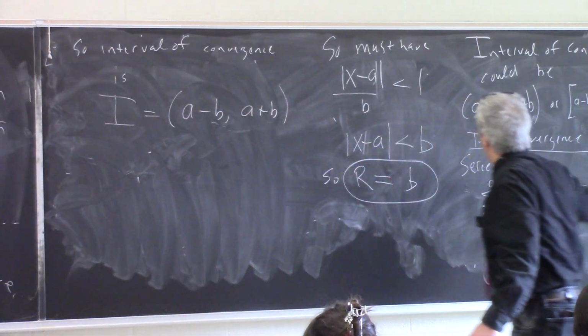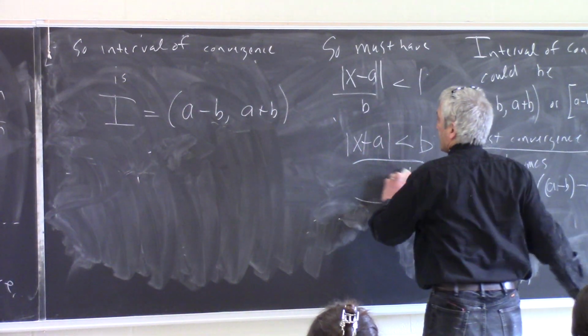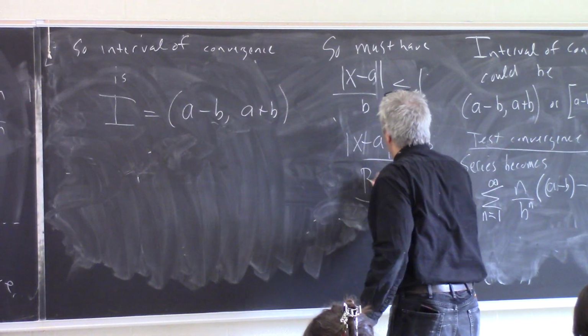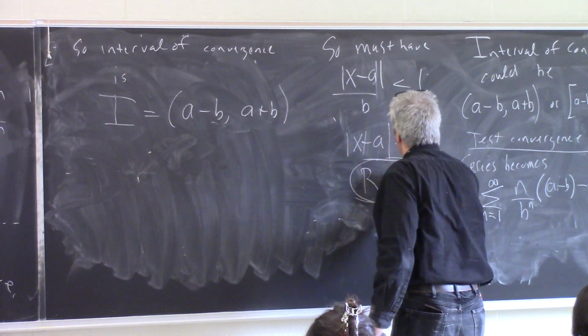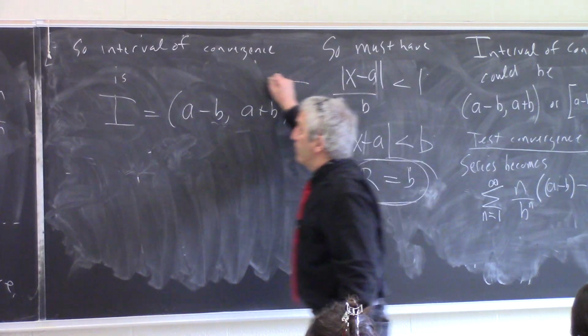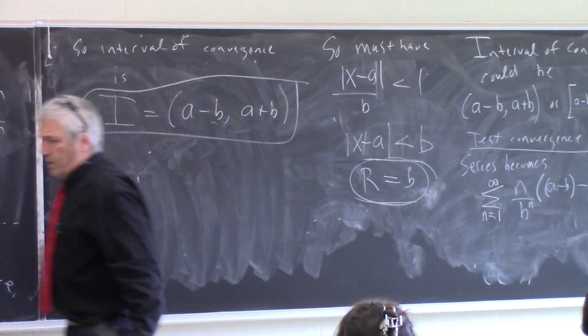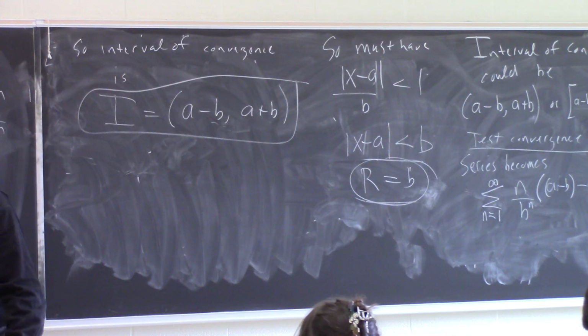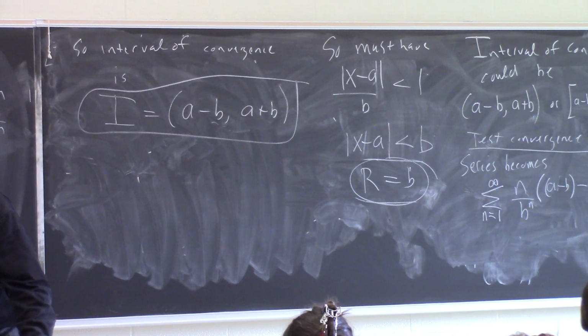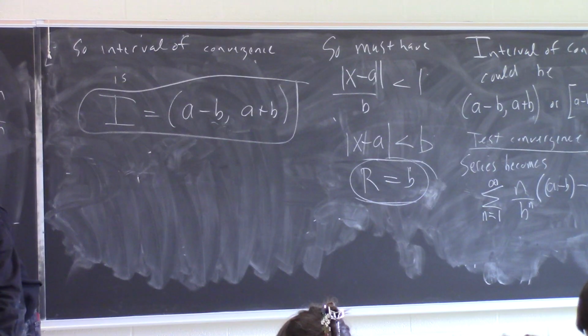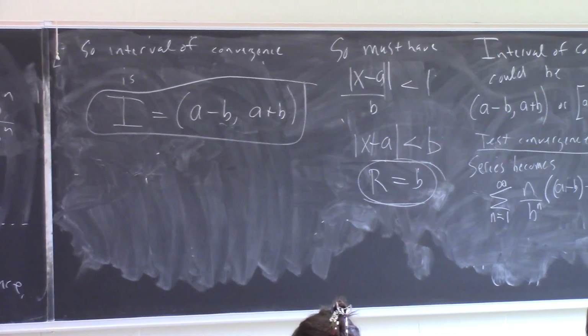We already had that the radius of convergence was b, and we got now that the interval of convergence is that. That's the end of example 1.